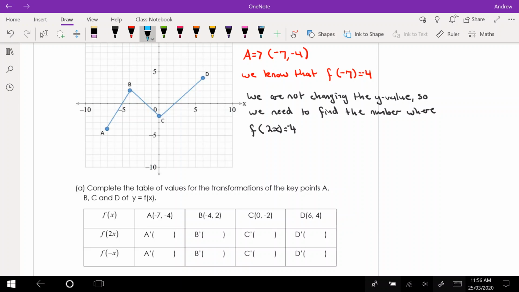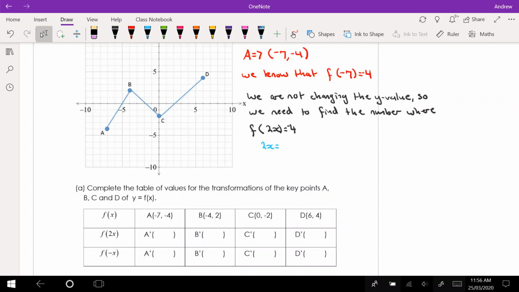How are we going to figure that out? Any ideas, Riley? We don't want to divide -4 by 2. You want to divide -7 by 2. We know that 2x has to equal what?